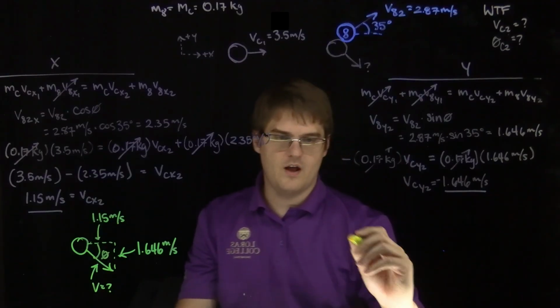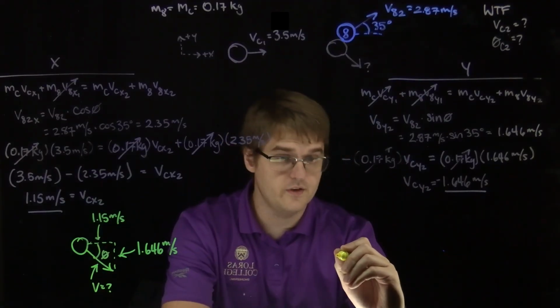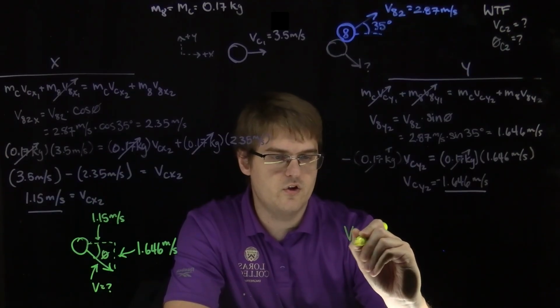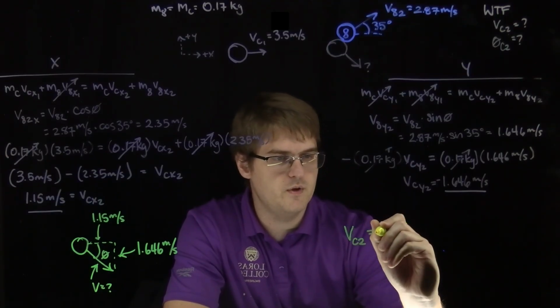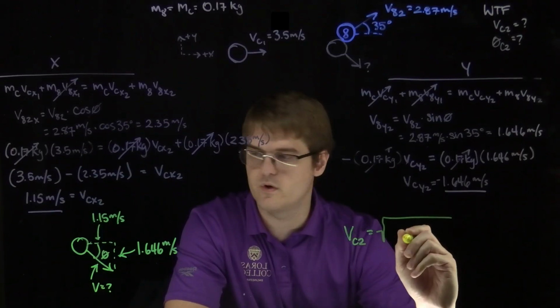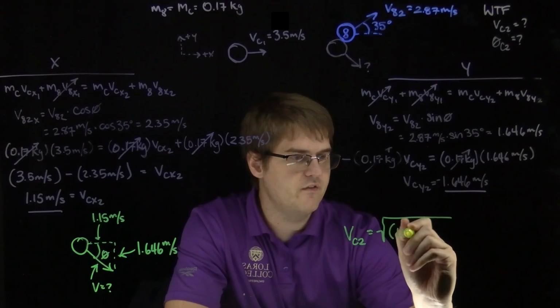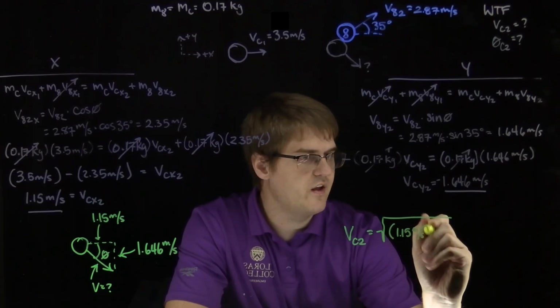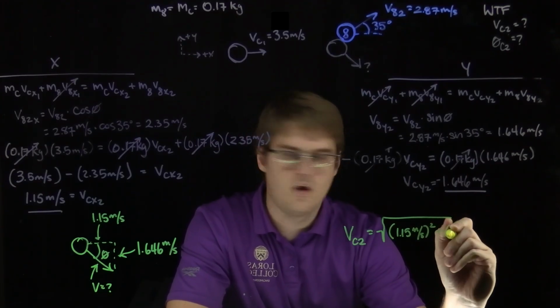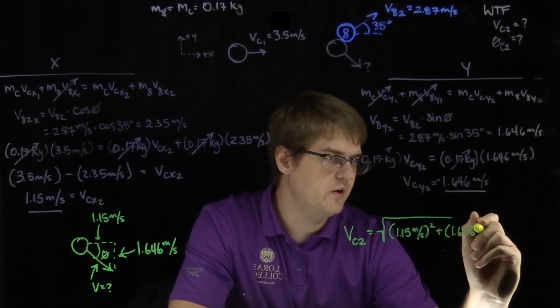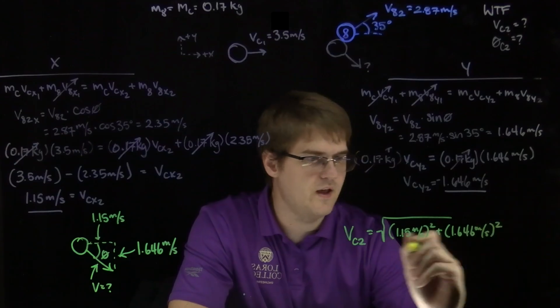So to find my velocity, the velocity of the cue ball at time 2 total is going to be equal to the square root of the x component squared plus the y component squared. So 1.15 meters per second, and I'm squaring that, plus 1.646 meters per second, and I'm squaring that.